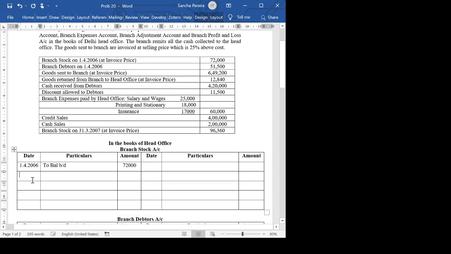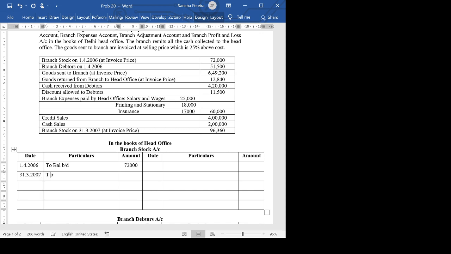So on 31st March 2007, be careful of the dates, to goods sent to branch account is 6,49,200. Immediately on this, we need to calculate the loading because they've said invoice price here. And even if they had not said invoice price, we know that the transfers are made at invoice price, selling price, which is 25% above cost.